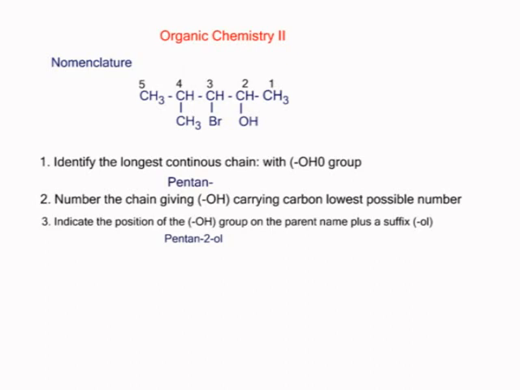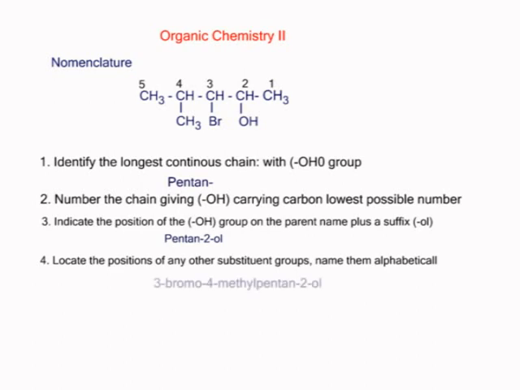Rule number 3, locate the positions of the substituent groups and name them alphabetically. So here we have bromo on carbon number 3 and methyl on carbon number 4. So we shall have 3-bromo-4-methylpentan-2-ol. 3-bromo-4-methylpentan-2-ol is the name of that structure.